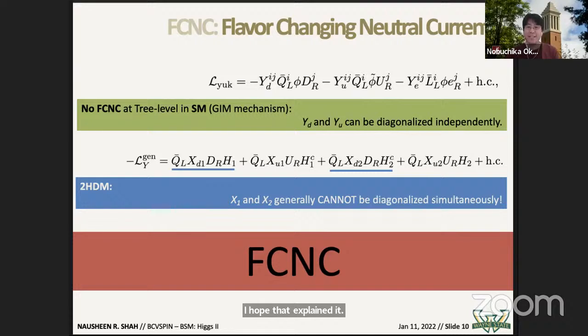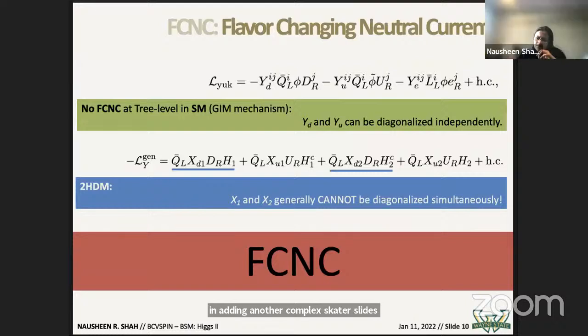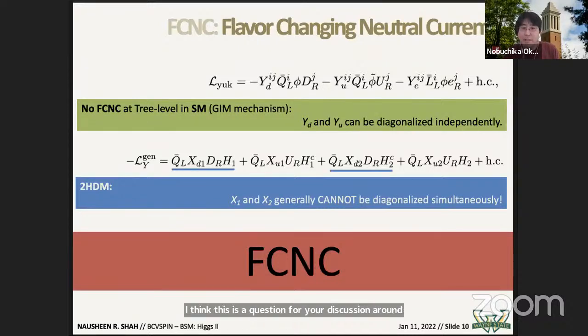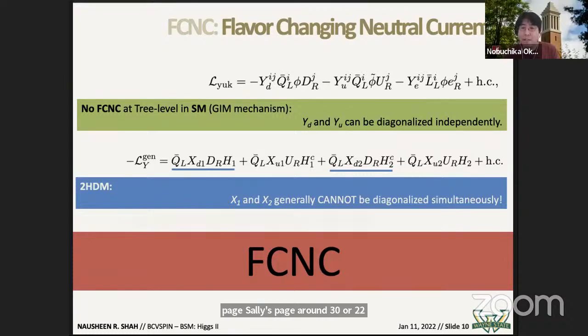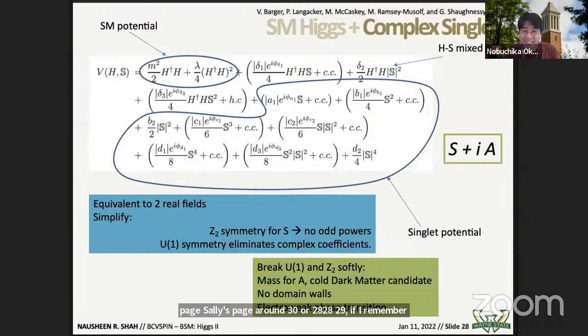All right. Okay, so let's go to the next one. From Tom: can you explain the exponential term in the potential, adding another complex scalar? I think this is a question for your discussion around page 30, or 28, 29, if I remember correctly. Oh, these exponentials.